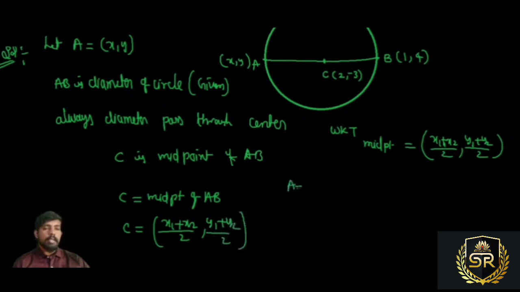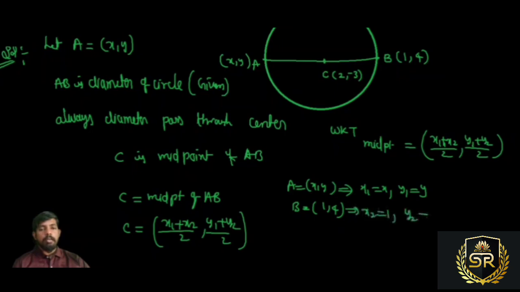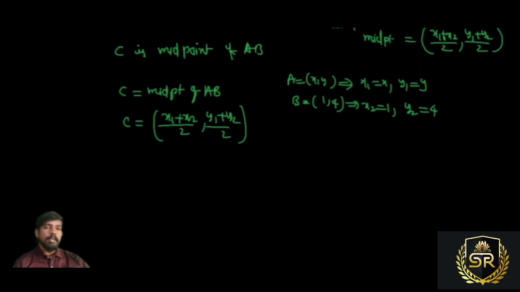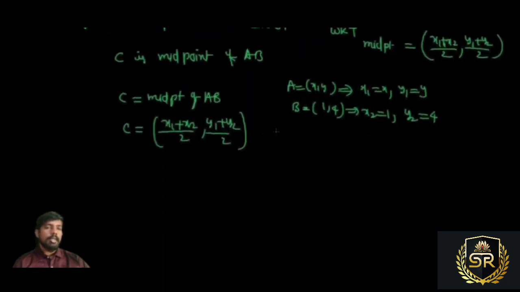A point is what we assumed, x comma y, and B point is 1 comma 4, not assumed, given. So x1 is x, y1 is y, x2 is 1, y2 is 4. C point is given as 2 comma minus 3. So 2 comma minus 3 is equal to (x plus 1 by 2, y plus 4 by 2).